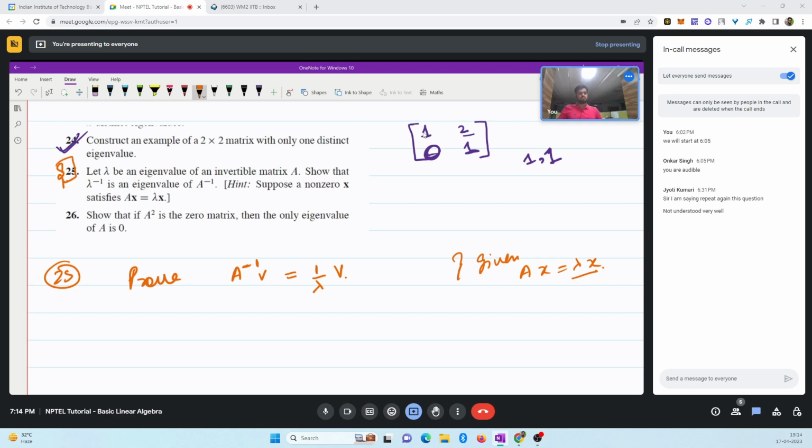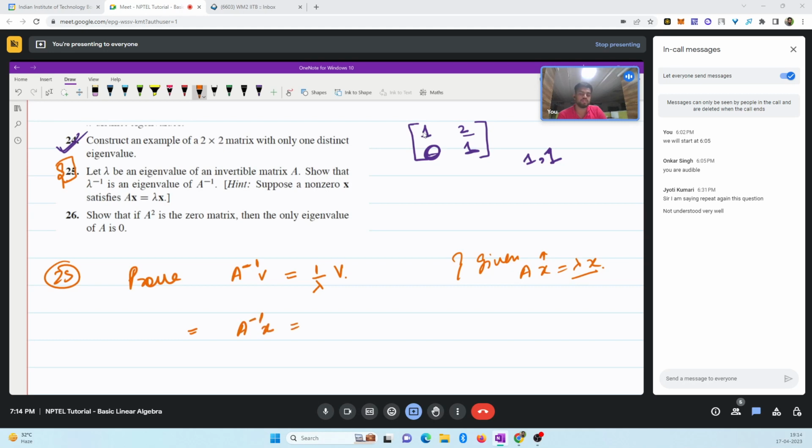We don't know what V we should take, so let's try first of all with x. What if my x is the eigenvector for A inverse also? Let's put x over here. What is A inverse of x?